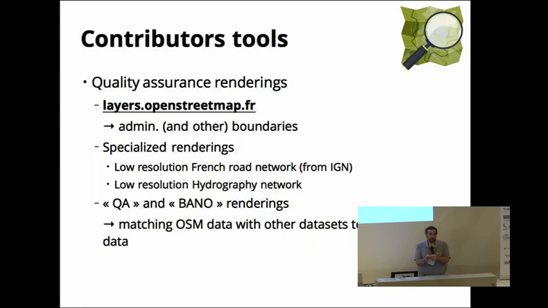And we know how many people are living in each square. So if someone is living there, there's a road nearby to visit them, there's some building nearby. So we can cross that data with OSM data and see the difference. And Bano is another rendering which is focused on addresses. I will show that maybe later if I have time.